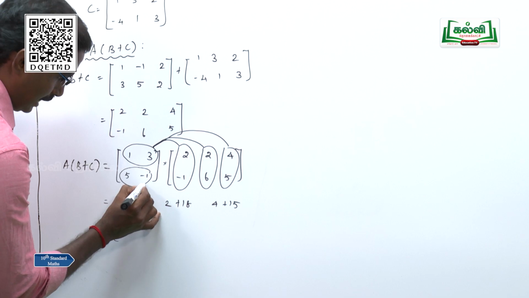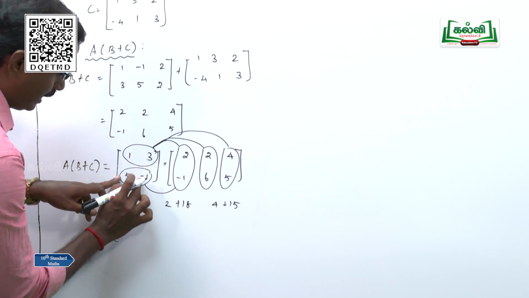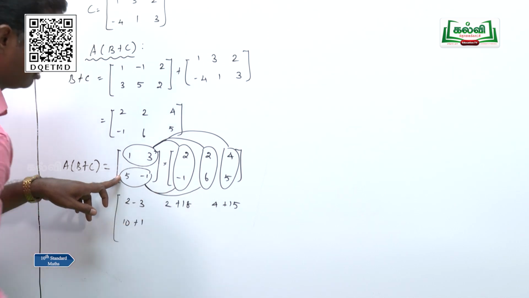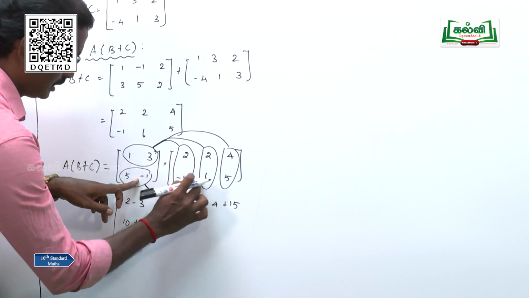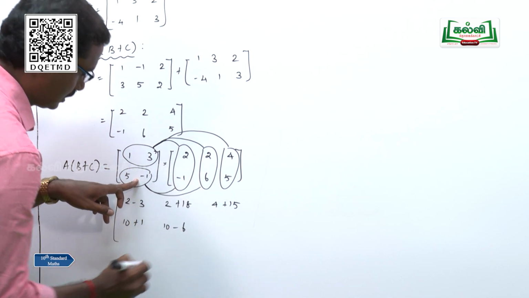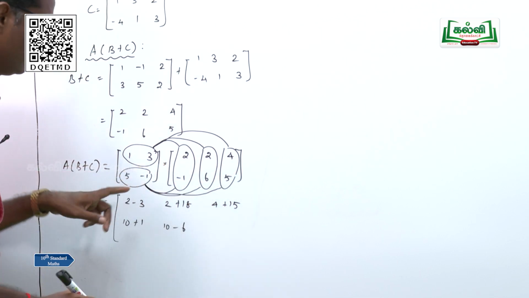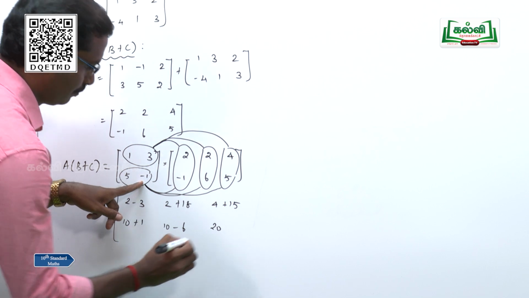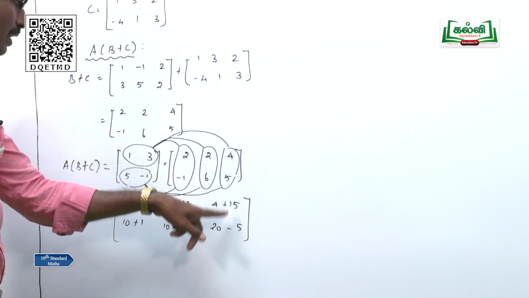Next product, second row, first column. 5 2s are 10, minus 1 minus 1s are plus 1. Second row, second column. 5 2s are 10, minus 1 6s are minus 6. Last product, second row, third column. 5 4s are 20, minus 1 5s are minus 5.